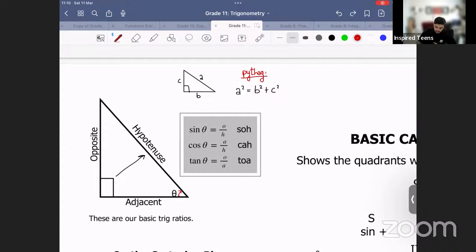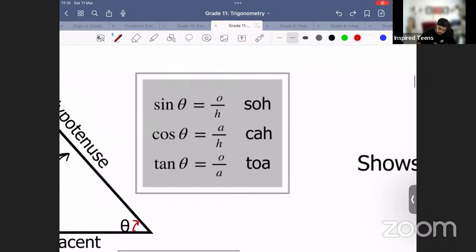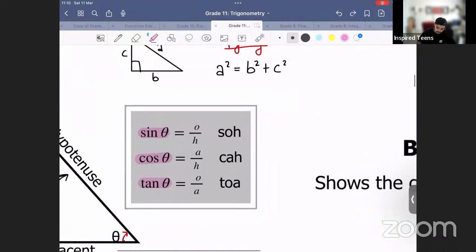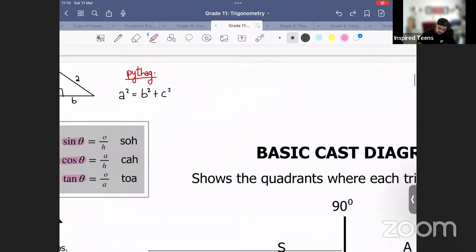Now, we have certain trigonometric ratios, sine, cos, and tan. All of these specifically have to do with theta, which is here. Let's just do it on our own. Sine is opposite over hypotenuse.